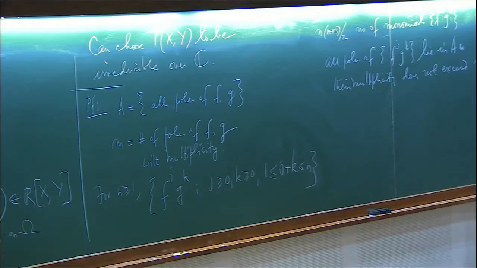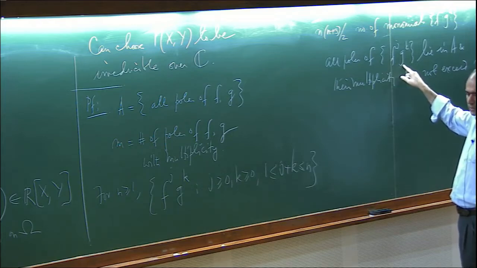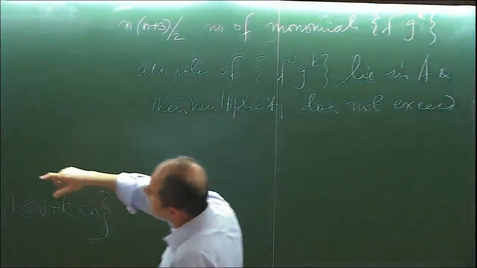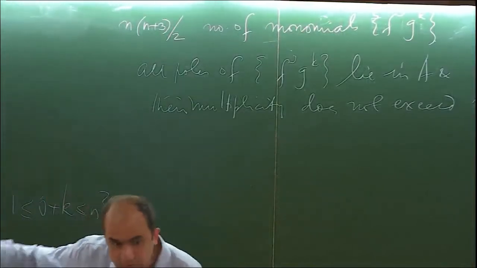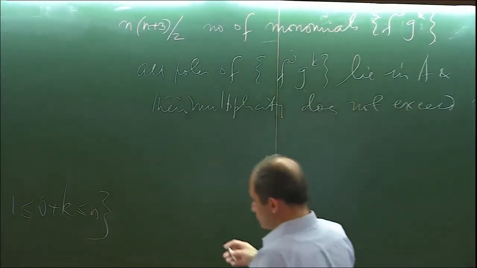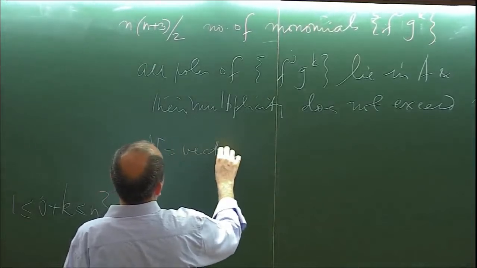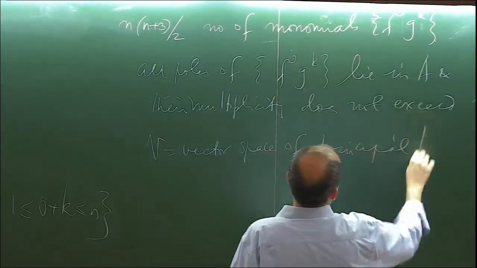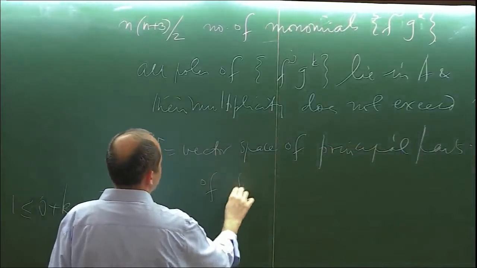Now, since each of these are meromorphic functions, you can expand them as a Laurent series around each of their poles. I have finitely many elements in the set A. I look at the singular parts of each of these functions. So let V be the vector space of the principal parts of f to the j, g to the k.